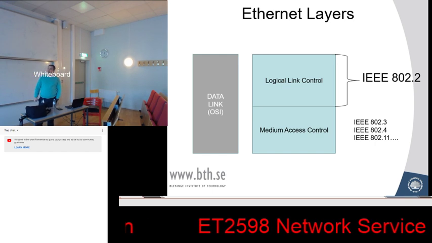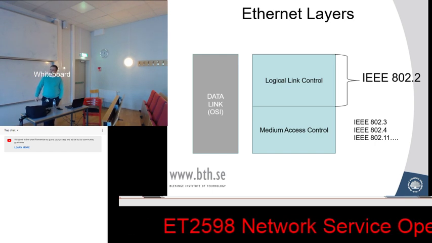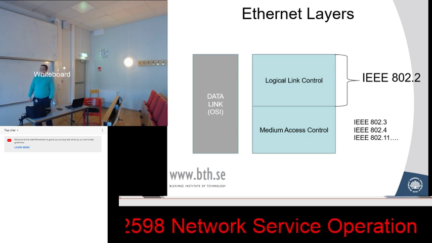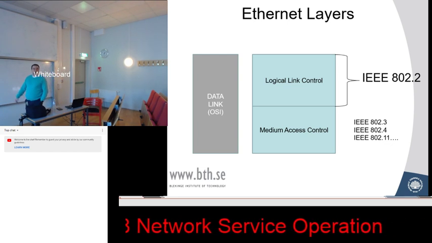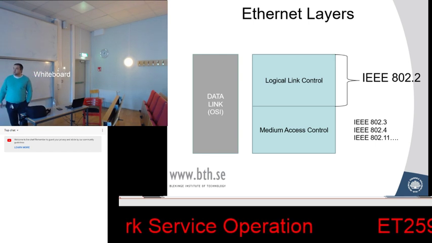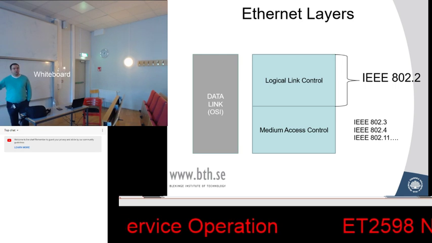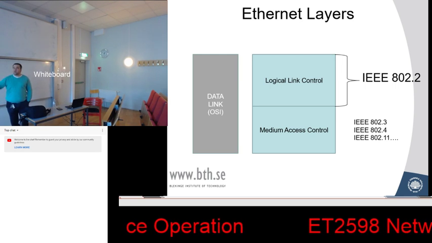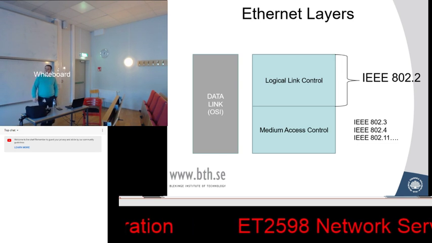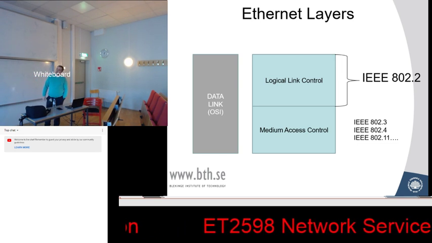And that would be 802.3 and 4, I think. 802.11, which you probably know as Wi-Fi, is just another medium access control, but it's below 802.2. I might be a little bit off there.